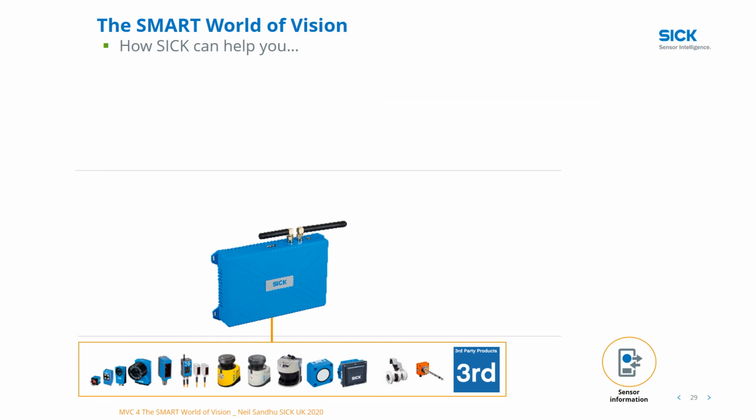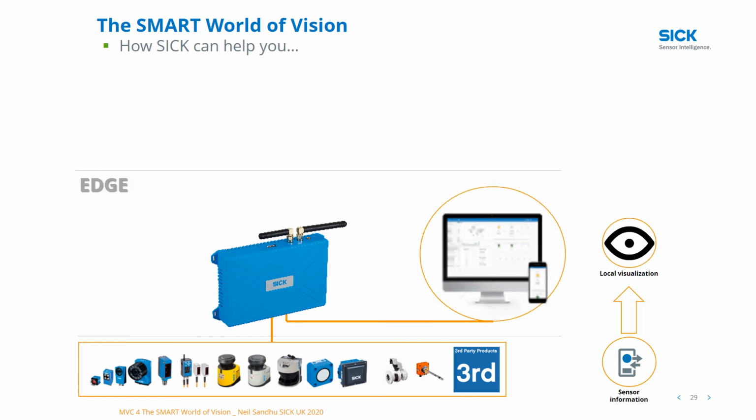And typically we talked about the device level to what we call the edge device, and this is the gateway that I spoke about, which then can deliver the data from a lower level up to a higher level. That's why we call it an edge-based system. And these can typically then be creating the monitoring dashboard, if you will, so you can visualize what's going on with a device or process, either remotely on a PC or even up to your mobile phone or tablet.